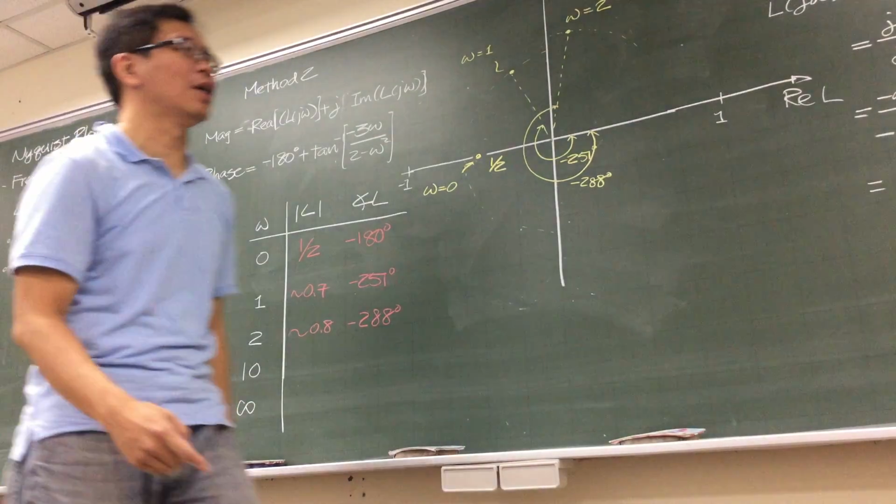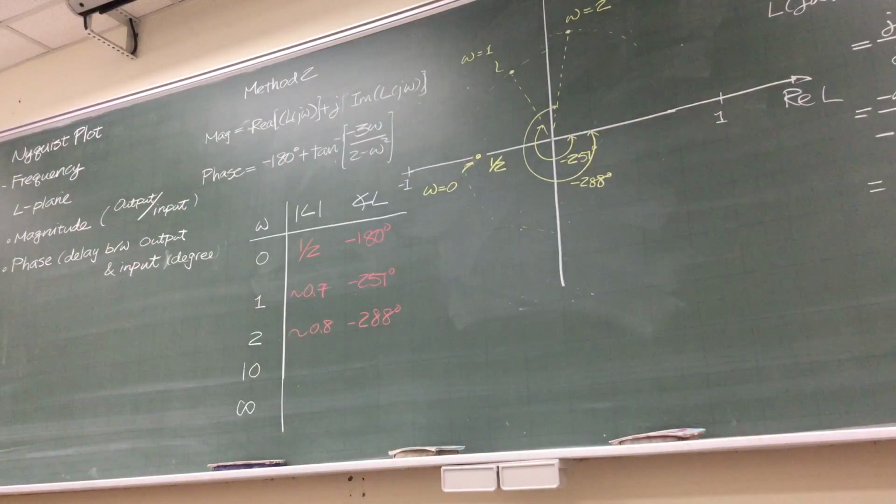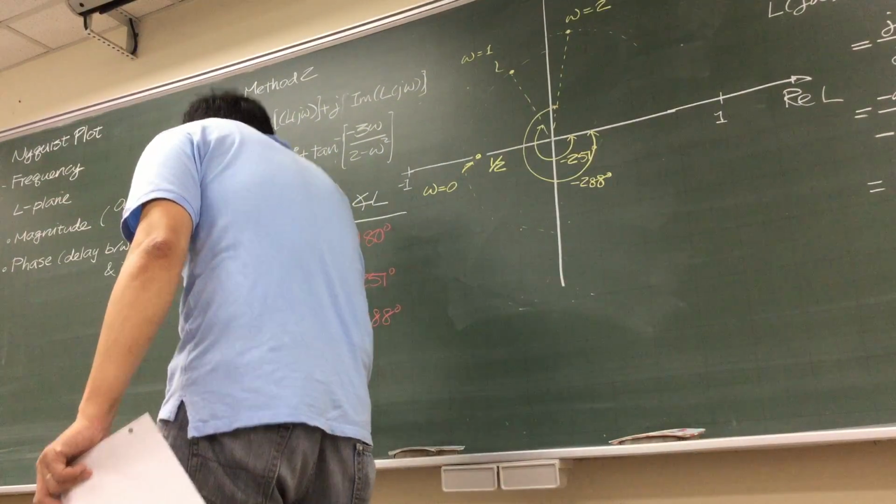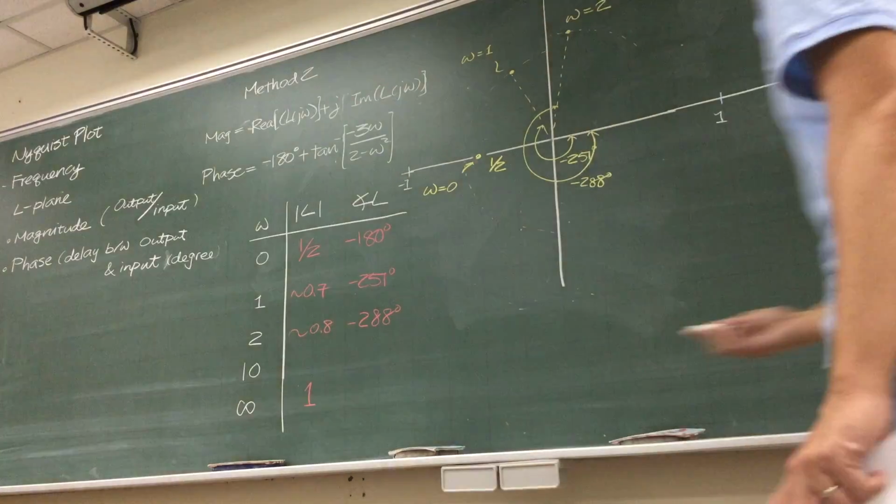If we put our omega equals infinite, what do we have over here? This is the infinite. So 1 is going to be ignored. The only thing over here is going to be 1/2 in the bottom because this is a square root. So this is 1/2. 1/2 multiplied by 1/2 becomes what? 1. How about the phase?